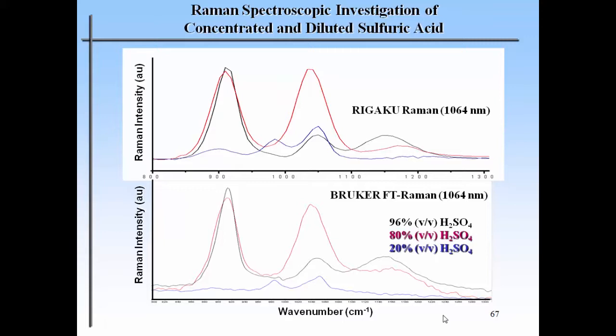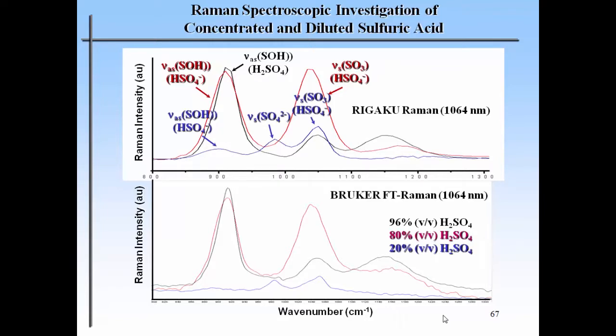Now let us look at the assignment. Concentrated sulfuric acid is almost non-dissociated. If you start diluting it, you create HSO4, primarily HSO4 minus ions.